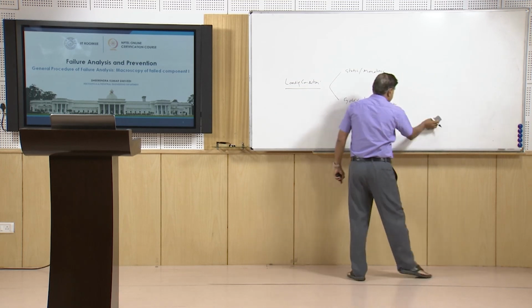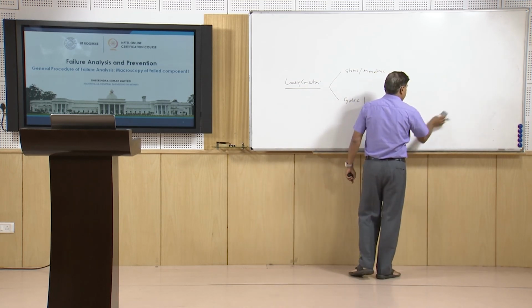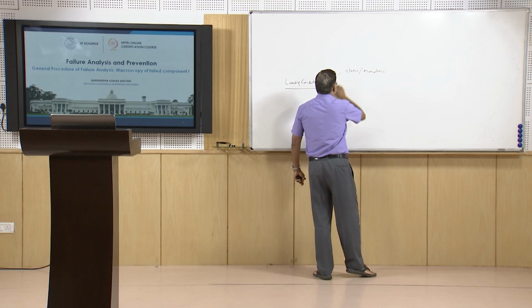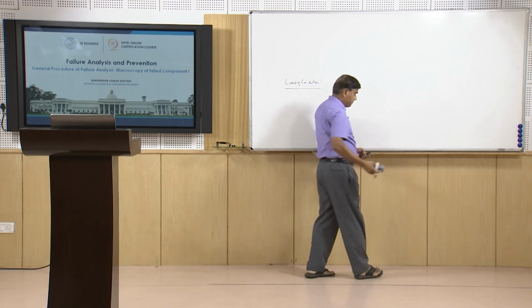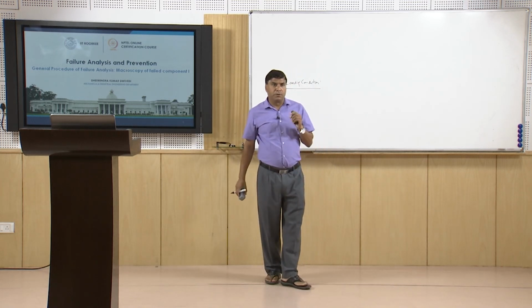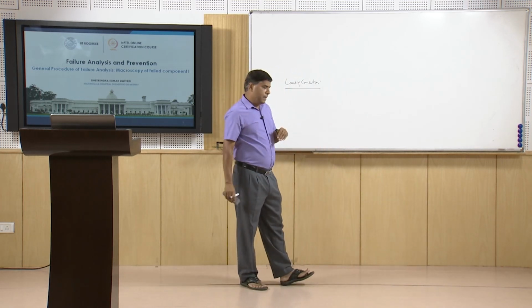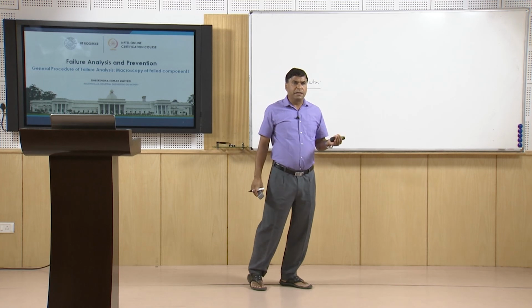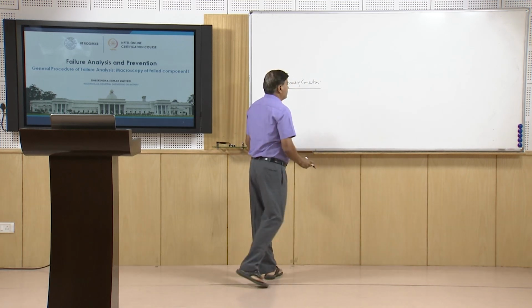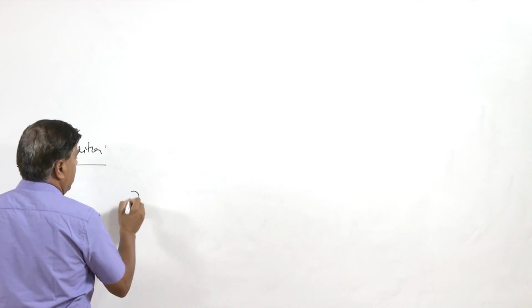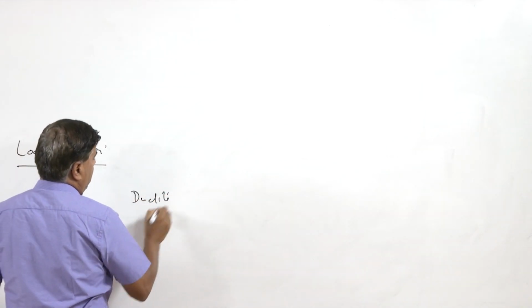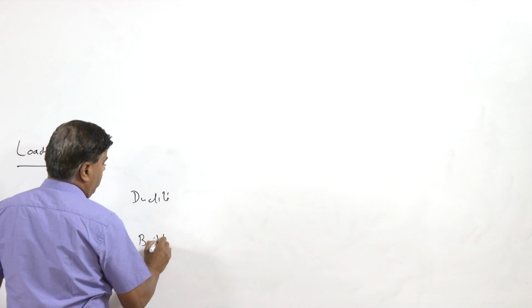So, the indication of beach marks will suggest the cyclic loading, and absence of any such feature will indicate the possibility of static or monotonic loading. Then, based on the macro scale observations, the fracture is ductile or it is brittle.